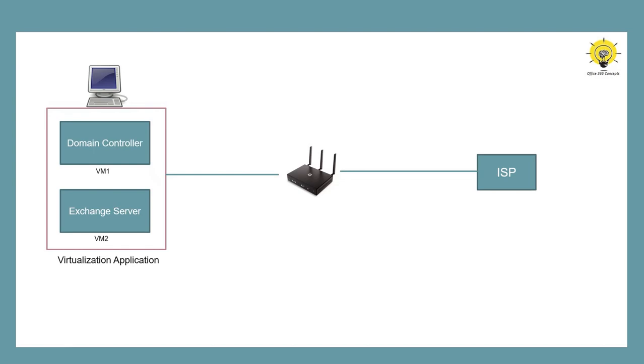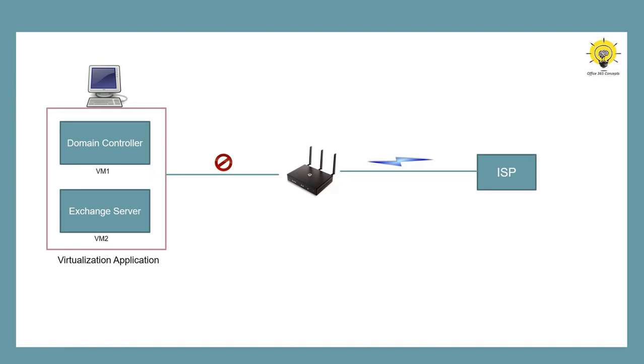Port forwarding is where you forward the traffic from the router to your host machine or to the virtual machine running on the virtualization application. But with a dynamic IP address, port forwarding is not possible. That means you will not be able to send or receive any traffic from your virtual machine to or from the internet. In short, your Exchange organization will not be accessible from the internet.